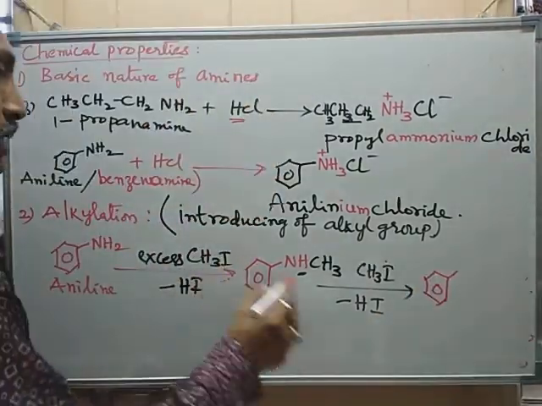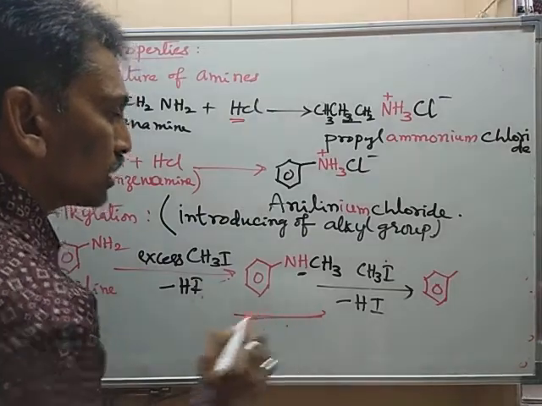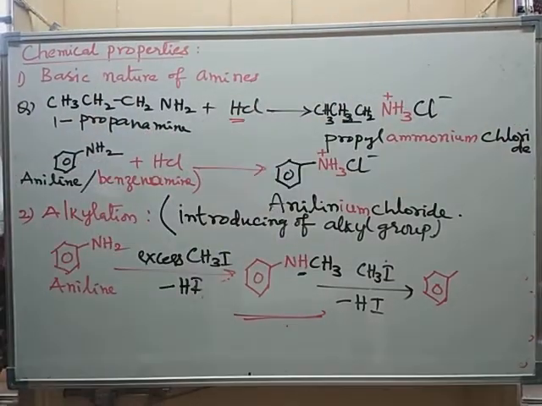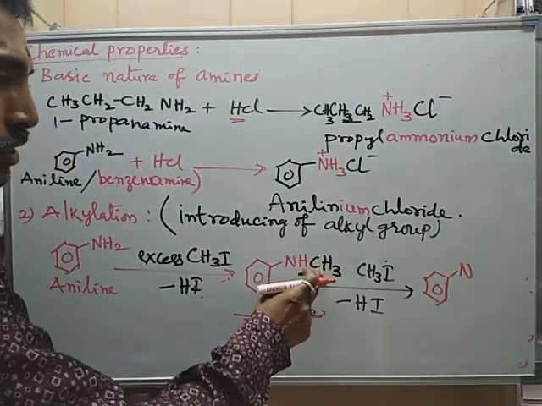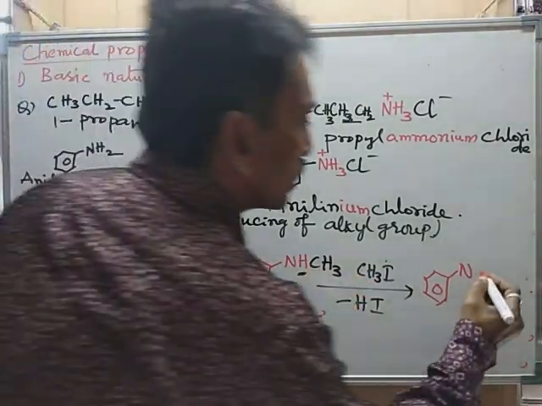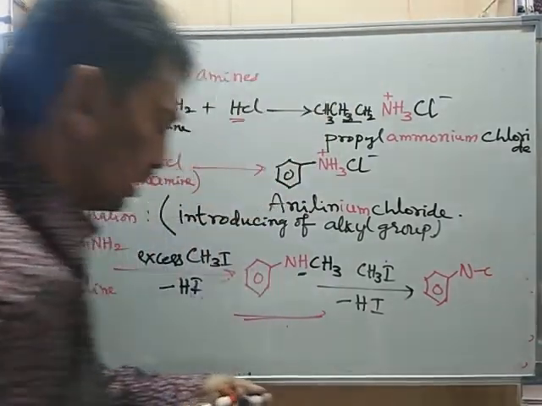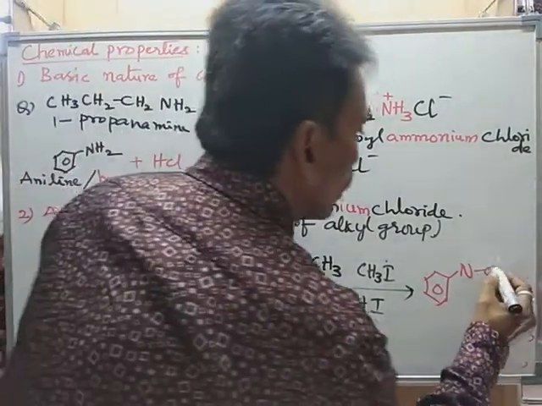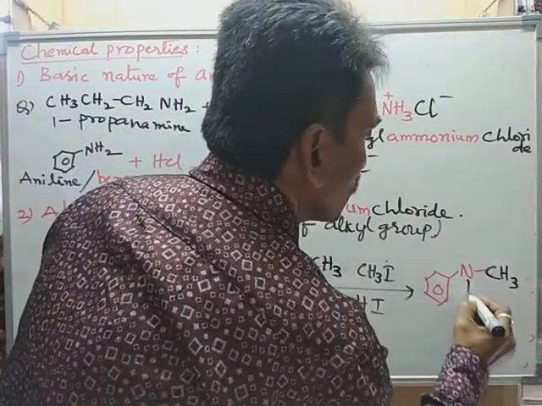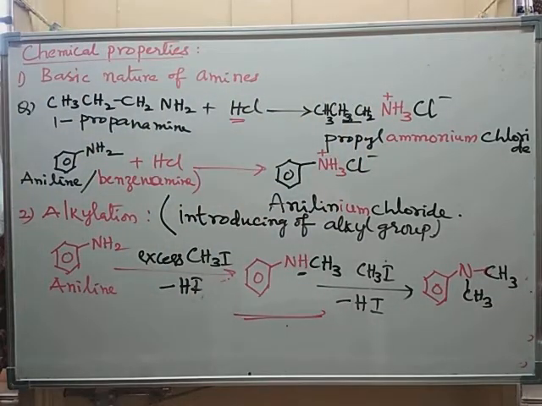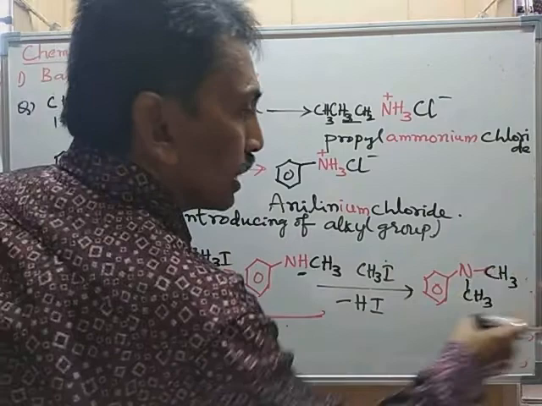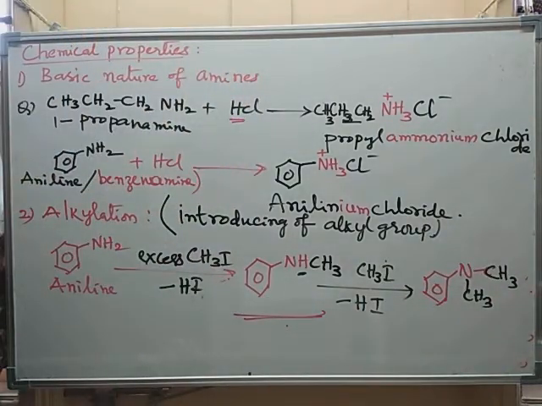So without this step, you can also write the last product directly. That is N, which already carries one CH3 group, and one more CH3. So the CH3 groups are 2 in number. This is CH3 and this is CH3 if you are interested. If you are a little bit lazy, you can also write CH3 taken twice, in reduced form.